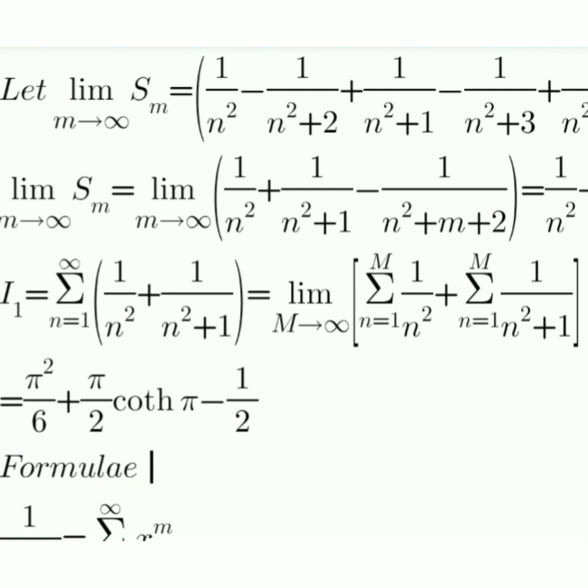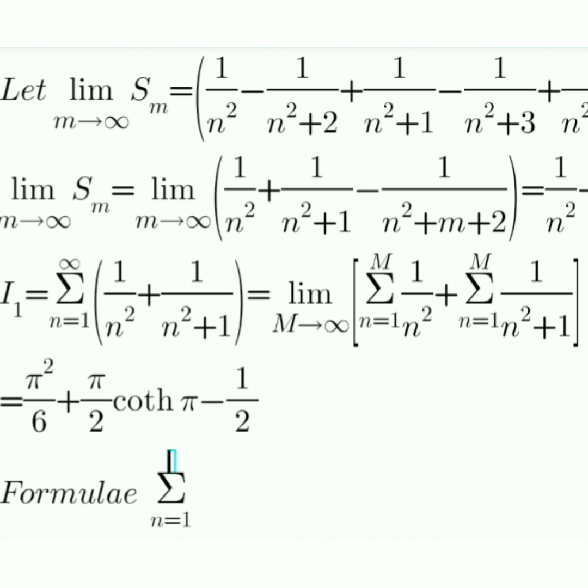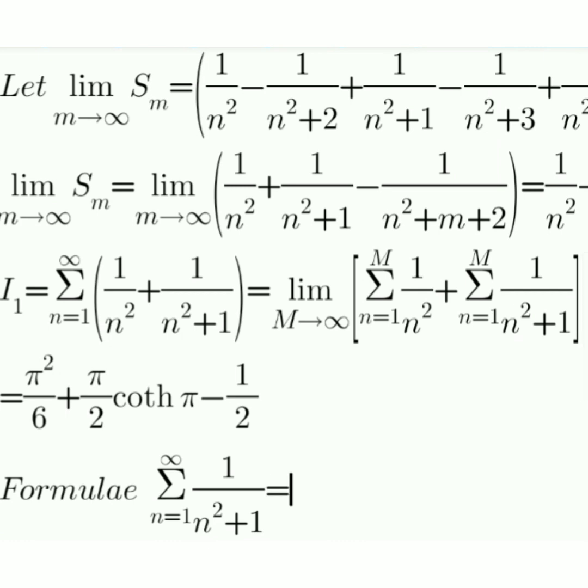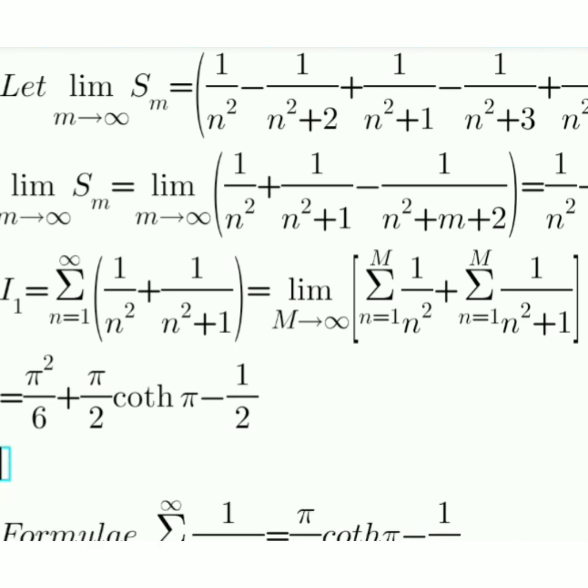Formula is summation n equals to 1 to infinity, 1 by n square plus 1 equals to pi by 2 coth pi minus half. This formula is very important, friends. I apply this formula.